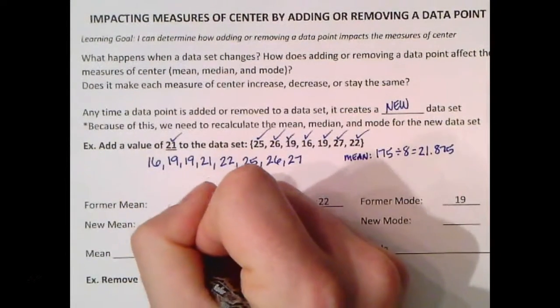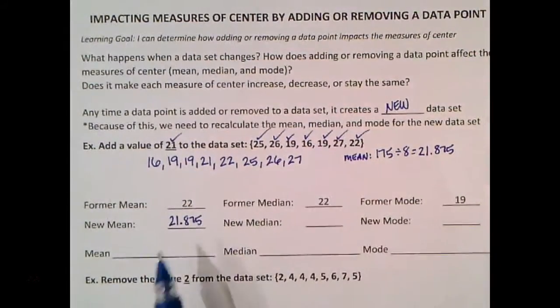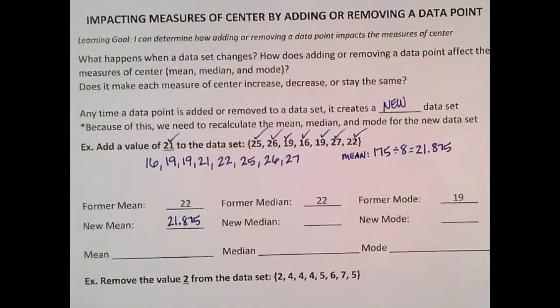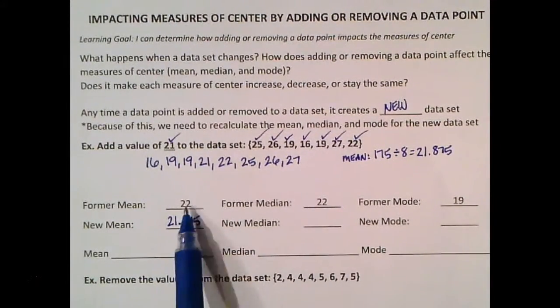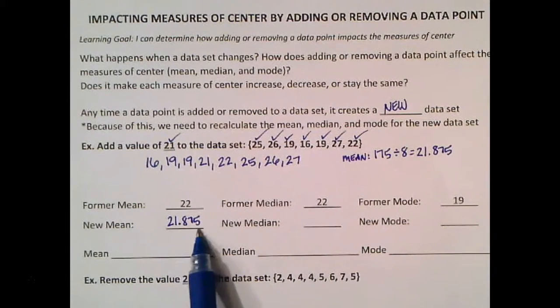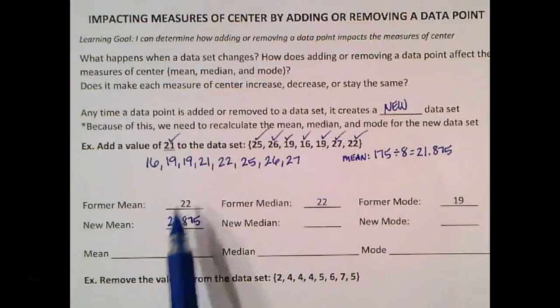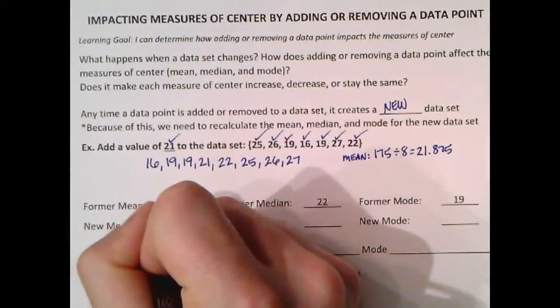But for our purposes, because it also makes it easier to compare to the former, we're going to leave it as a decimal. So let's take a look at this real quick. Did we increase, decrease, or stay the same? Well, this was 22. This is now 21 point whatever. It doesn't matter. That's 875 right there. But the fact that this is 22 and this is 21, it decreased.